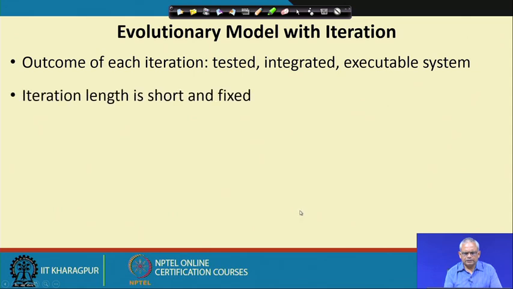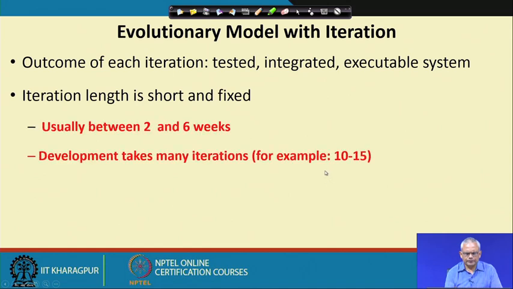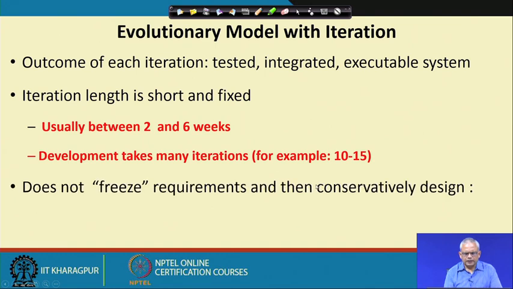In each iteration, some code which is tested, integrated, executable system is deployed at the client side. The iteration length is short, typically 2 to 6 weeks. A software to be completely developed may take somewhere between 10 to 15 iterations, and here, as we have emphasized several times, requirements are not collected upfront and frozen and then conservatively designed to accommodate any future changes.